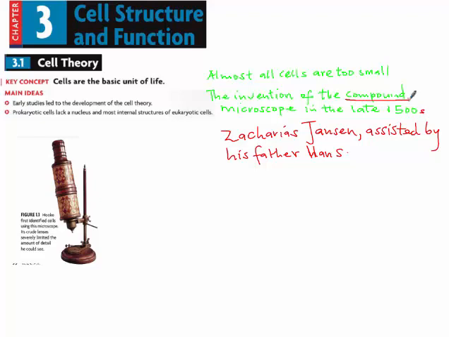A compound microscope contains two or more lenses. Because of it having more lenses, the total magnification of the product was high.